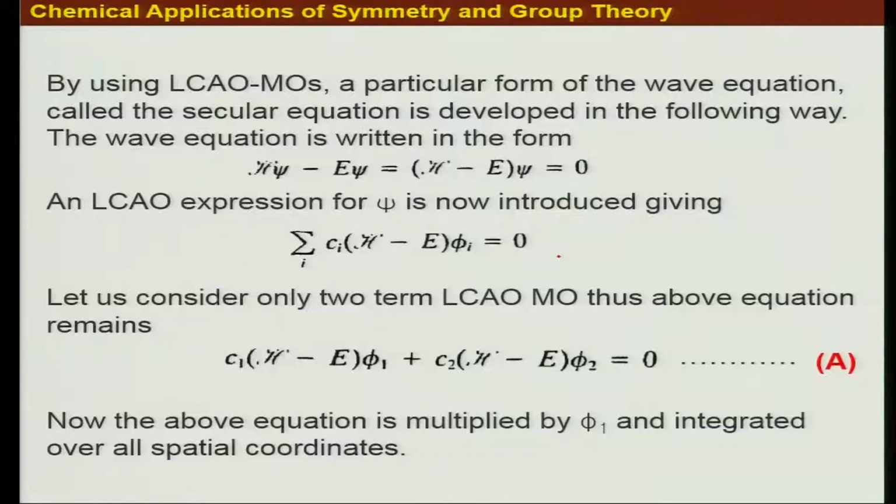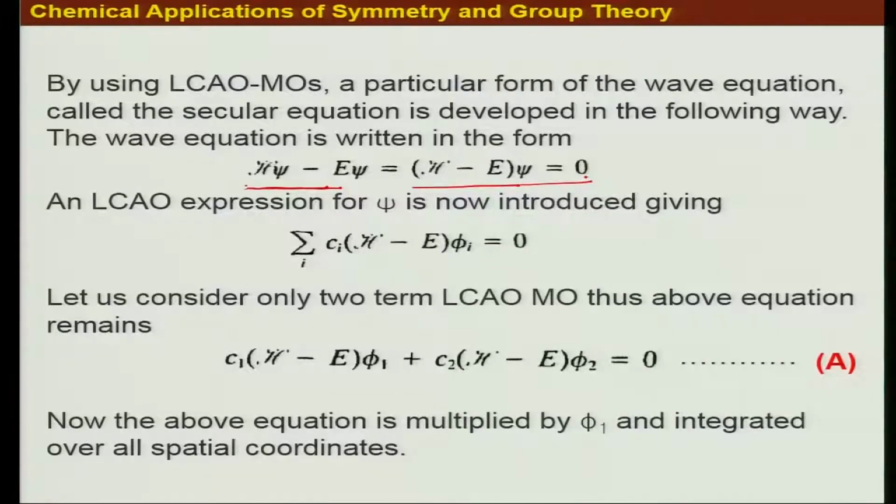We will see in a while what that is, and how it can be developed. The wave equation can be written in the usual way, using the Schrodinger equation, H psi equals E psi. So I can write H psi minus E psi, where both Hamiltonian and energy are used as operators, equals 0. This is something we are all familiar with.